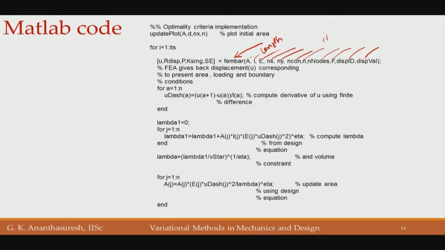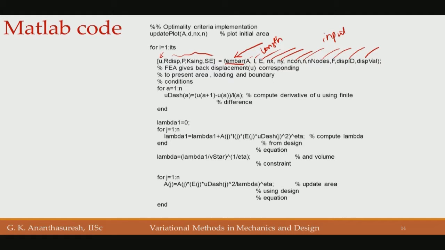All this is input to the finite element code, that is going to return u displacement and a little bit of other stuff that we do not need right now. For this discussion, it returns reactions and P internal forces and K singular matrix before displacement boundary conditions are applied, and SE the strain energy.